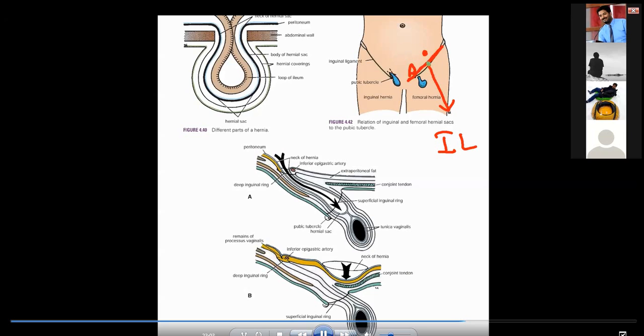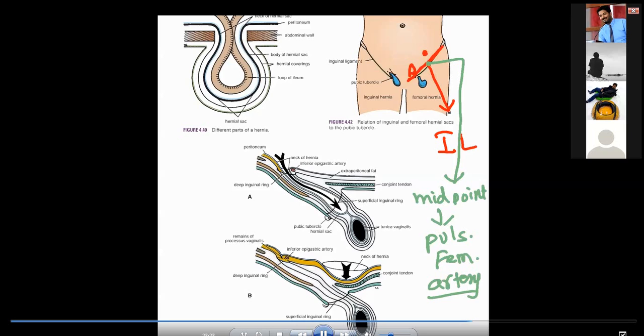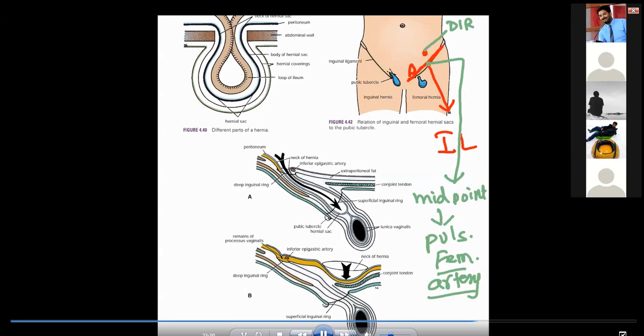The midpoint of inguinal ligament, you can feel the pulsations of femoral artery. You can feel the pulsations of which artery? Femoral artery. And above to these pulsation here, this is your deep inguinal ring. Which inguinal ring? Deep inguinal ring.